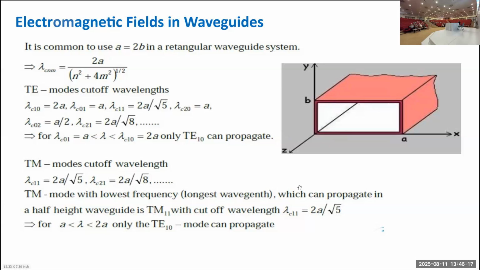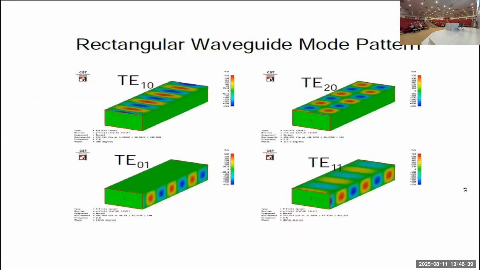Their wavelength is from A to 2A. Moreover, the transverse electric mode, which is the 1-0 mode, is most efficiently propagated in these waveguides.